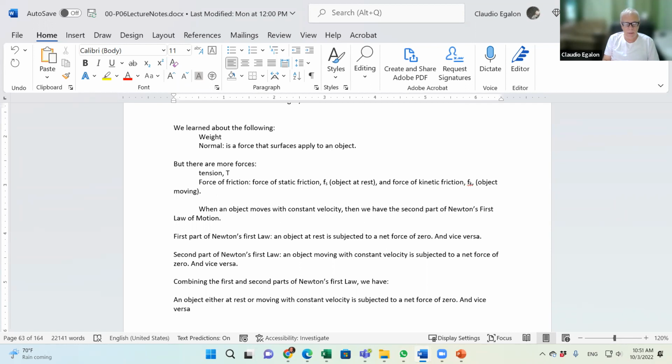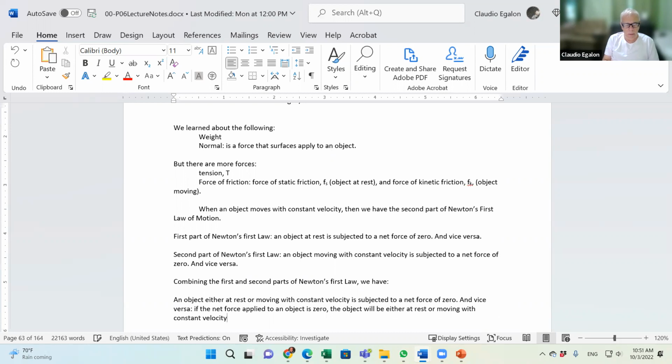Vice versa means if the net force applied to an object is 0, the object will be either at rest or moving with constant velocity.